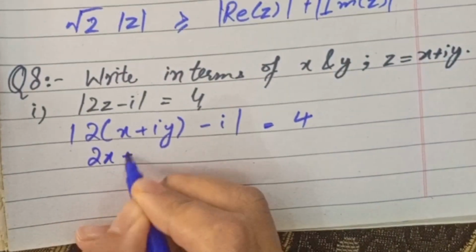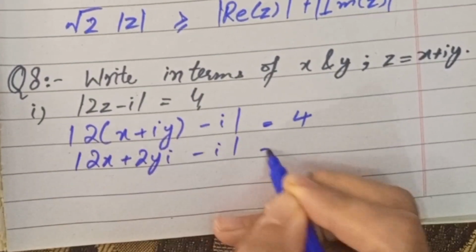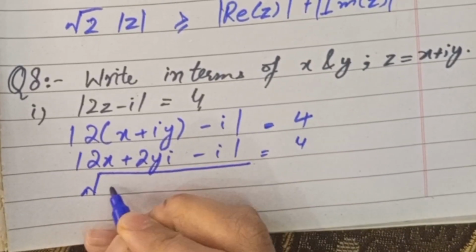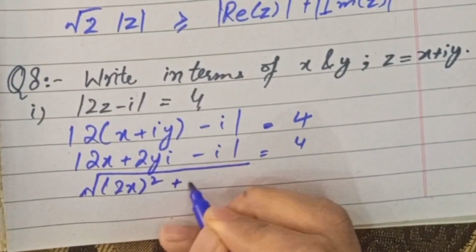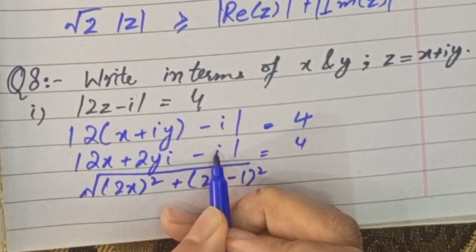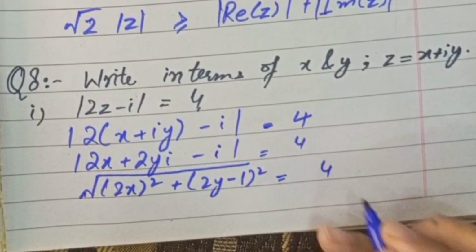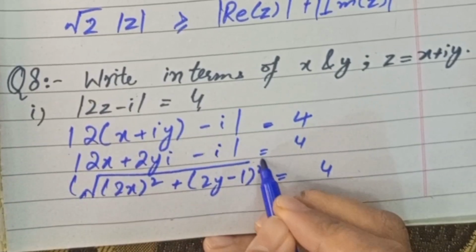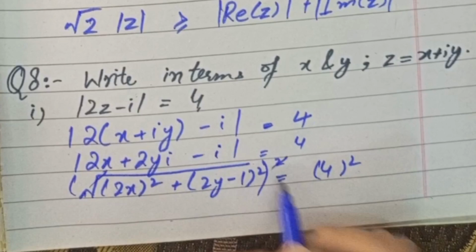Now multiply: 2x + 2yι − ι equals 4. Now put the formula, that is (2x)² + (2y − 1)². Minus 1 because iota has a coefficient 1, so we put minus 1. Equals 4. Now put square on both sides to cancel the square root.